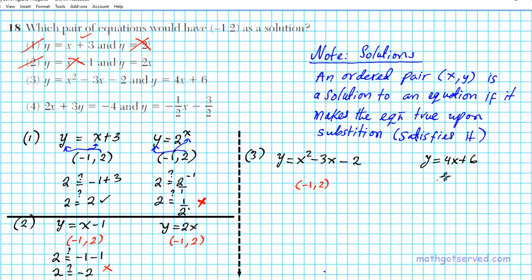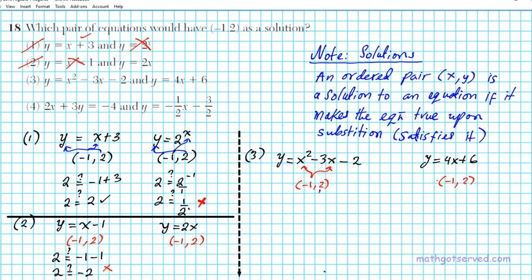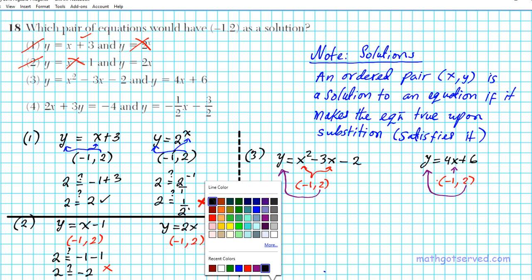We have to substitute and see if it's true or false. Negative 1 goes into the x's and 2 goes into the y's.